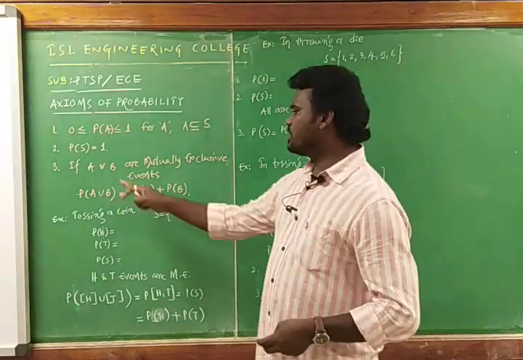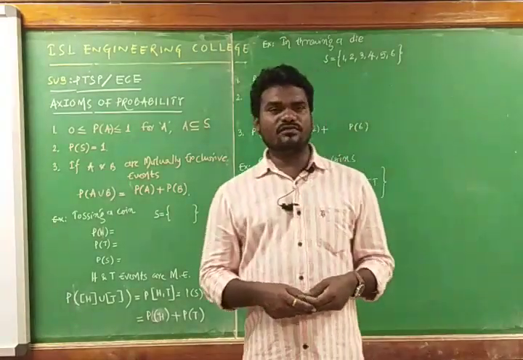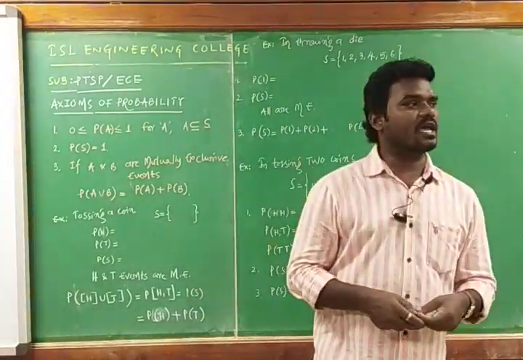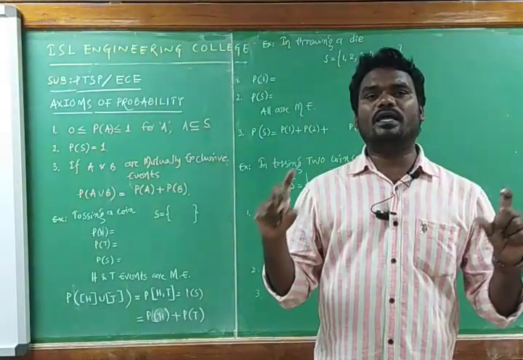And coming to the third one, if A and B are mutually exclusive events, that means we have a sample space S in which A and B are mutually exclusive.